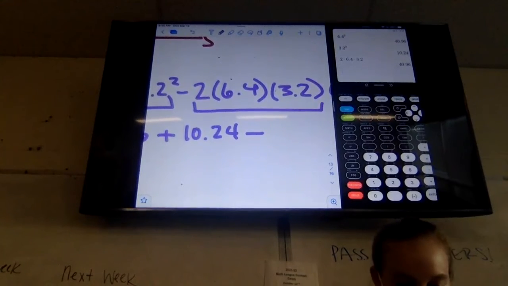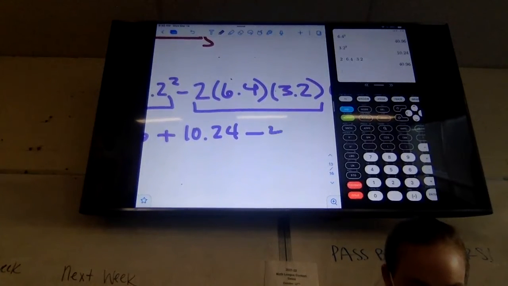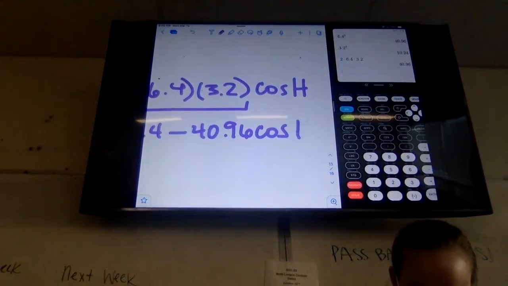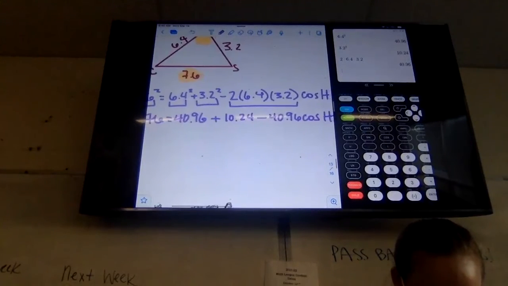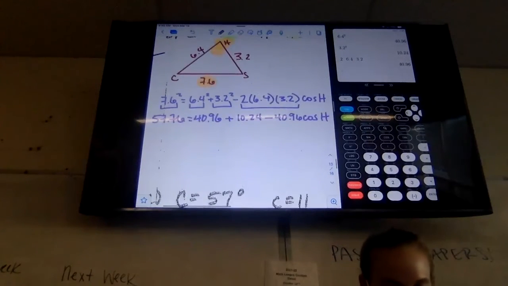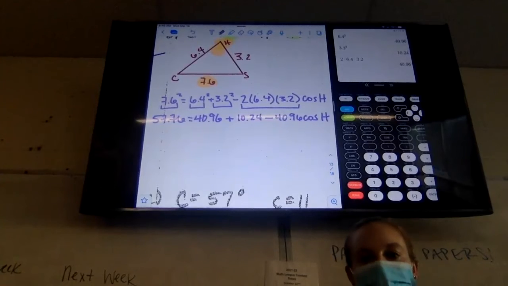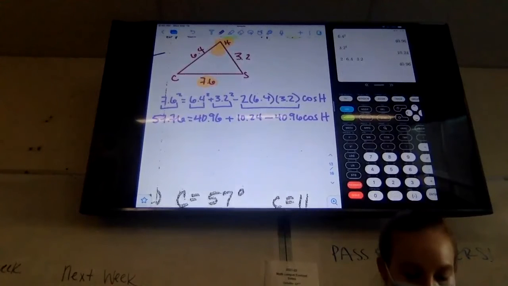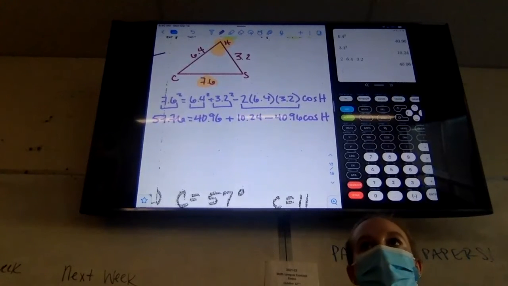And then 2 times 6.4 times 3.2 is 40.96. And don't forget cosine h is still attached to that. Okay.